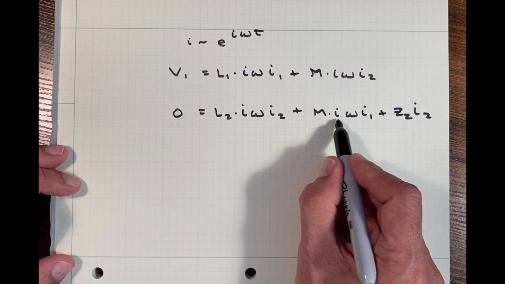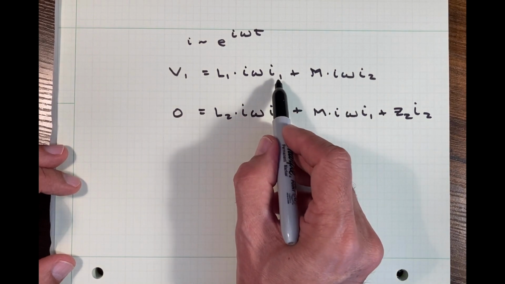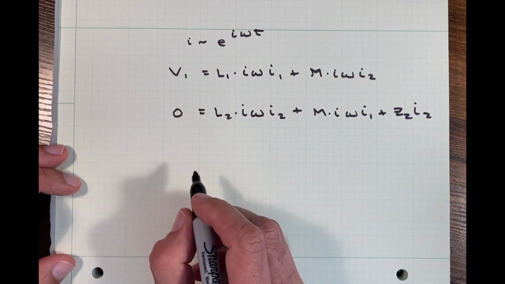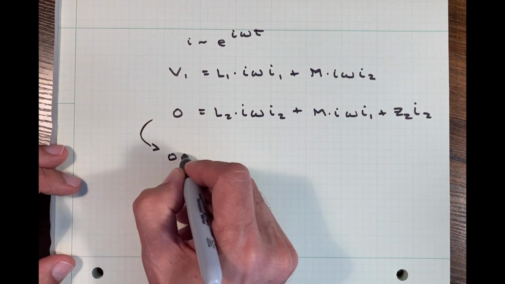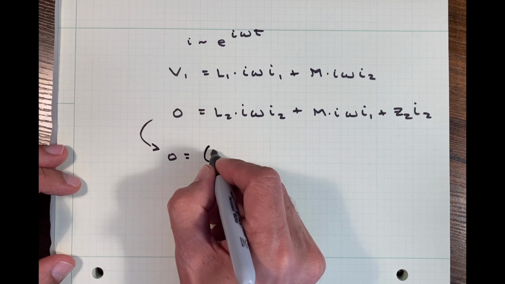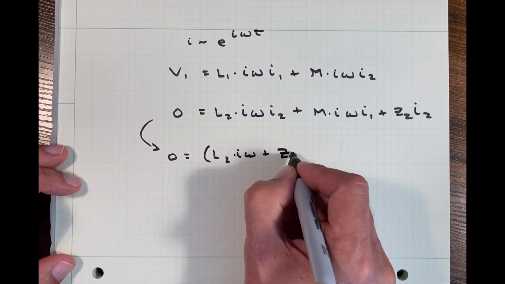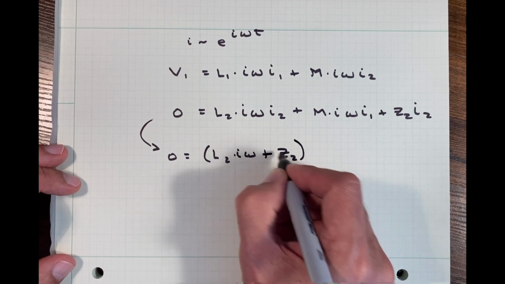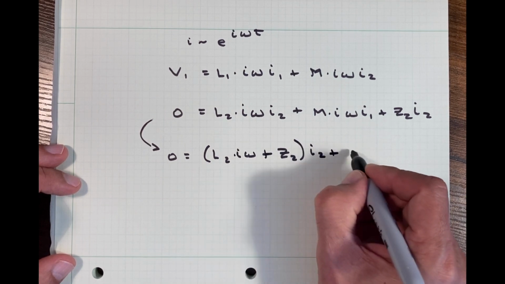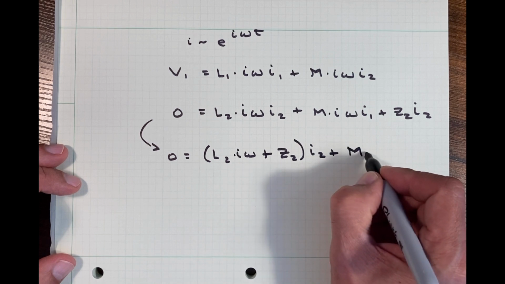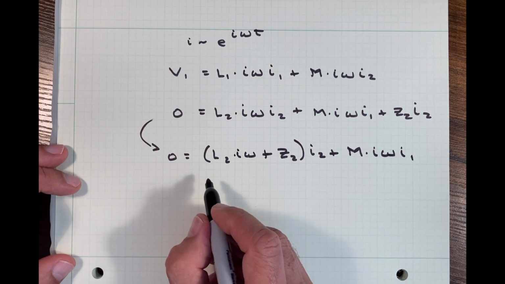Remember, we have the i here as the imaginary constant, and the currents are labeled with a subscript, so that should remove any concern. We can then say 0 equals L2 times i omega plus Z2, times I2, plus M times i omega I1.